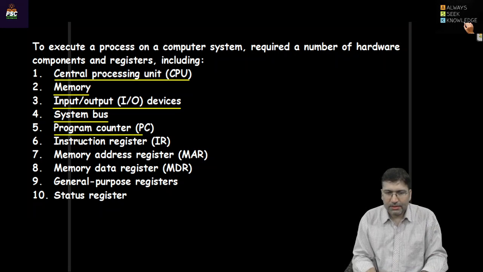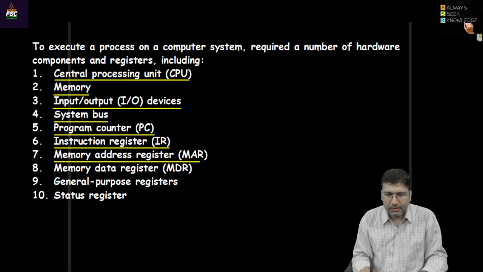And there are certain registers like the program counter. Program counter is a special purpose register which stores the address of the instruction which needs to be executed next. Then there is the instruction register. Instruction register loads the currently executing instruction.